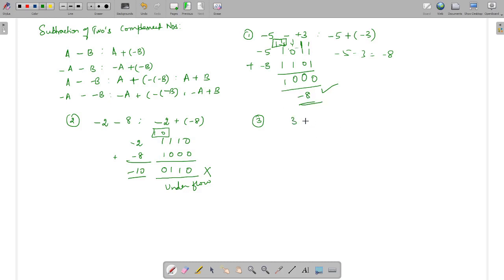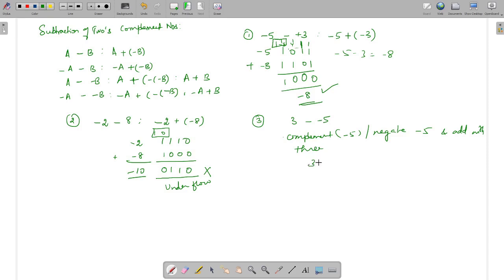3 minus 5. So we'll just complement or negate minus 5 and add with 3. That's the idea.